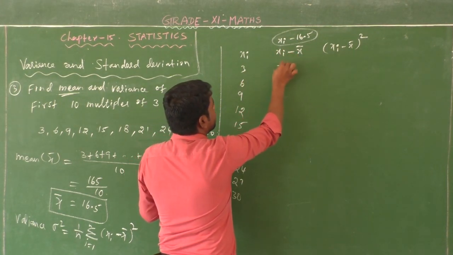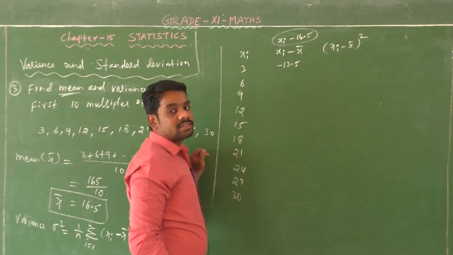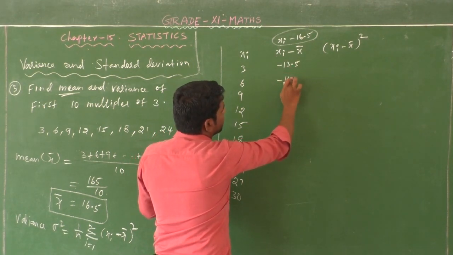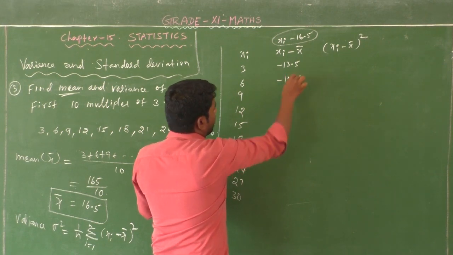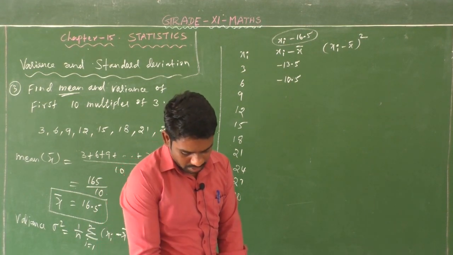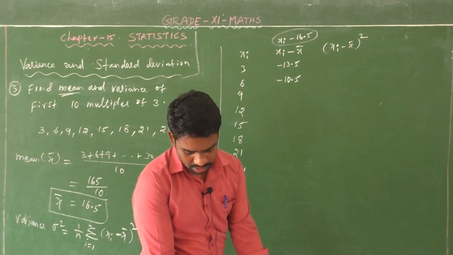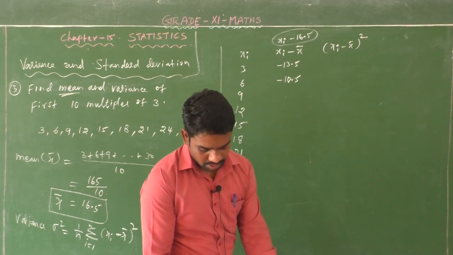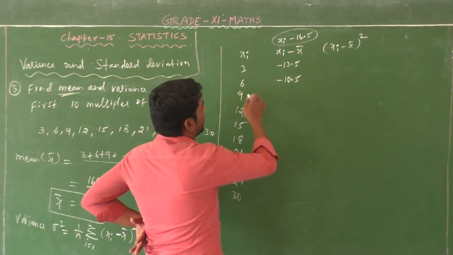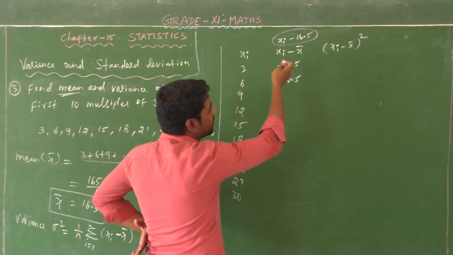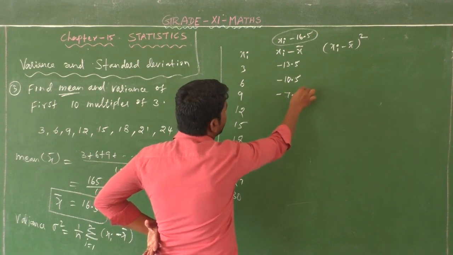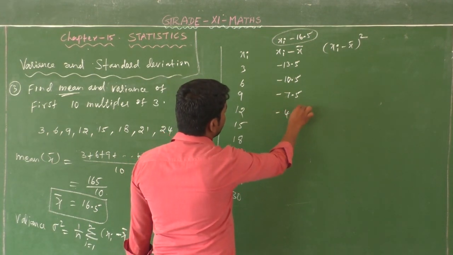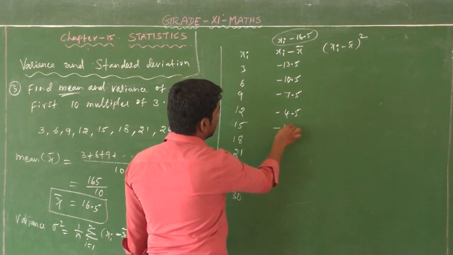So 3 minus 16.5 is minus 13.5. 6 minus 16.5 is minus 10.5. 9 minus 16.5 is minus 7.5. 12 minus 16.5 is minus 4.5. 15 minus 16.5 is minus 1.5.